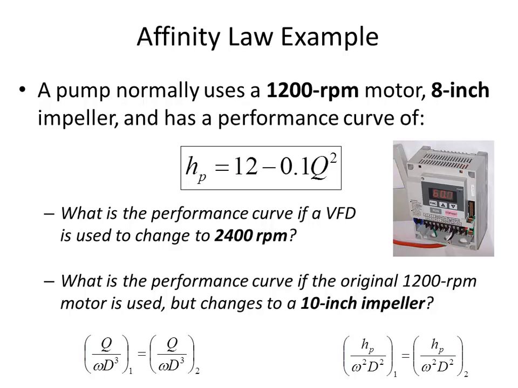We're going to take the same pump and rotate it at 2400 RPM. So we're going to say that the original rotation rate is 1200 and our after will be 2400.